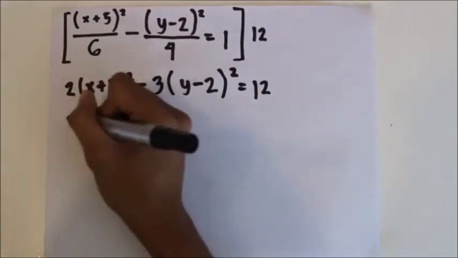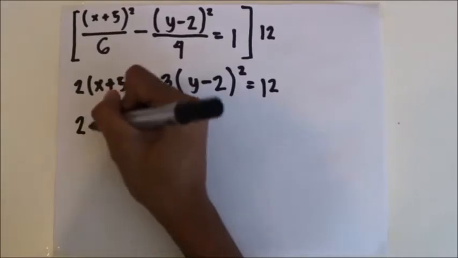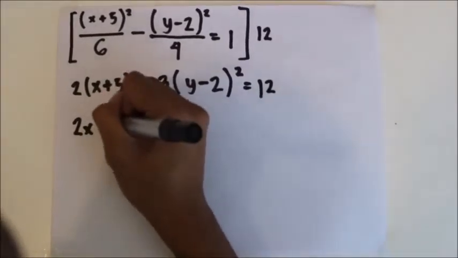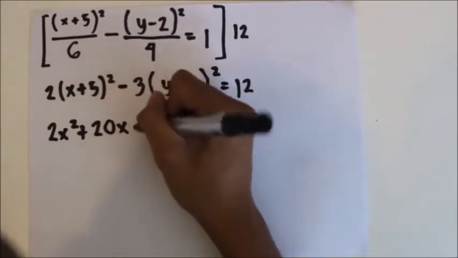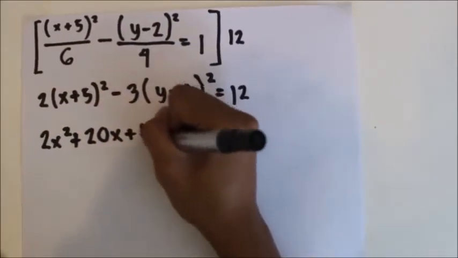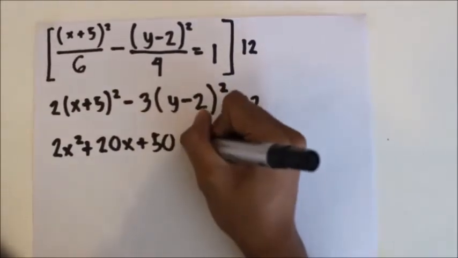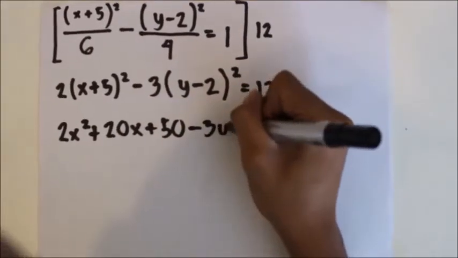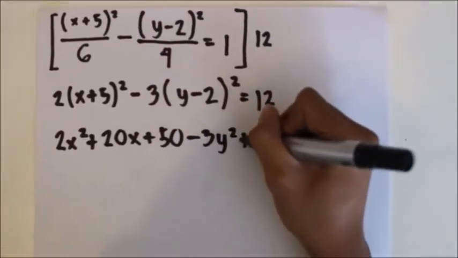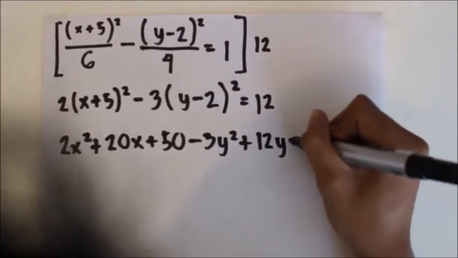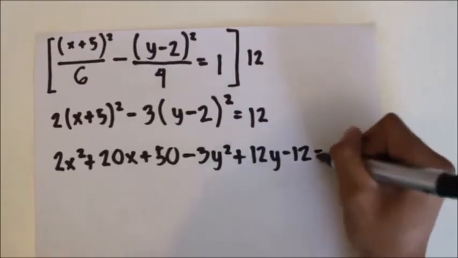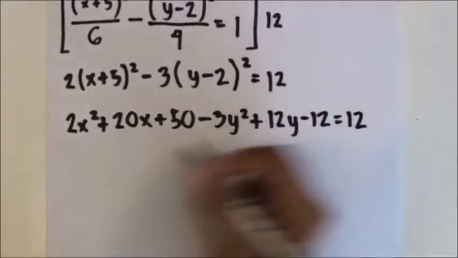Then, by expanding the square of the binomials, we get 2x squared plus 20x plus 50 minus 3y squared plus 12y minus 12 is equal to 12.